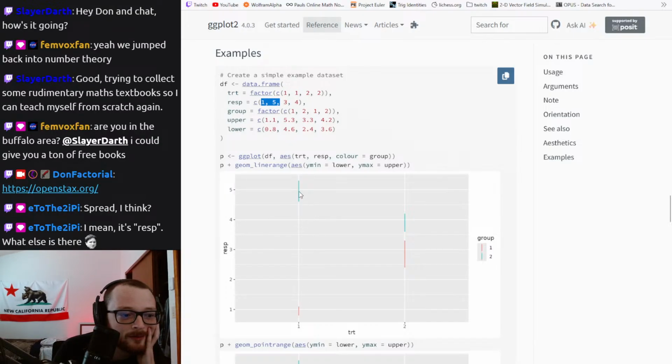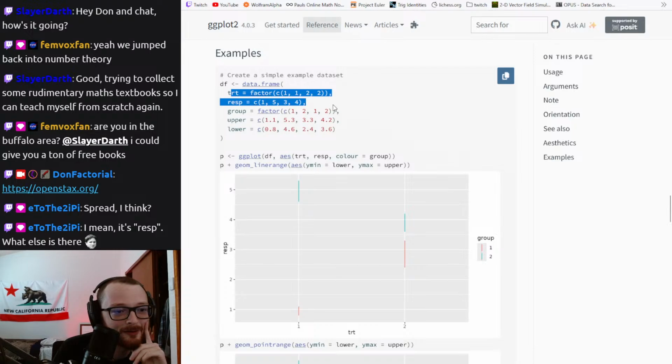It's 1 and 5. 2 and 2 is 3 and 4. This feels like it's hard-coded in. There's no particular reason why these bars should be this size based on just these two things here.